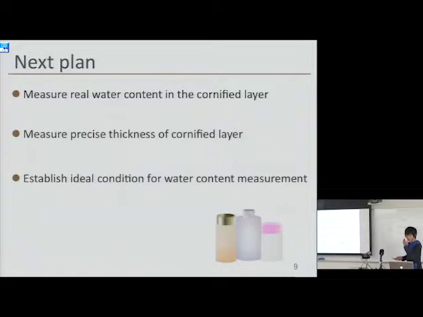Next, I will measure the real water content in the cornified layer and find the correlation between the absorbance and the real water content.